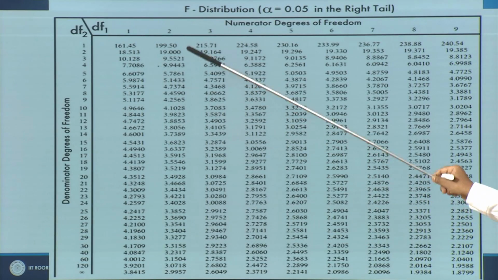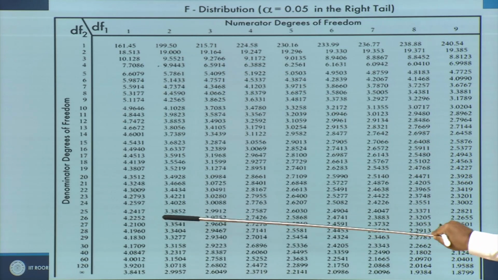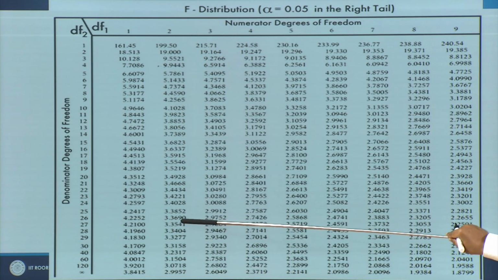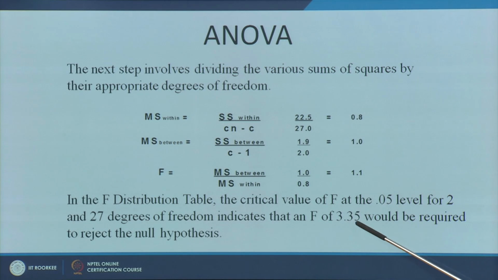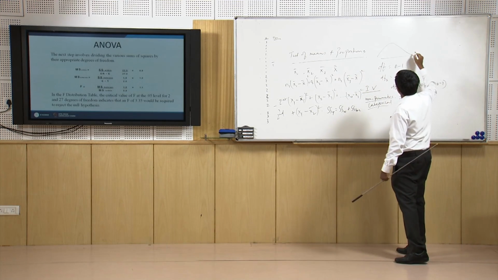So, now let us go for 2 and 27. The value here is 3.3541, I think it is visible. So, 3.35 would be required to reject the null hypothesis, but what have we got? Now 1.1. Can we reject the null hypothesis in this case?